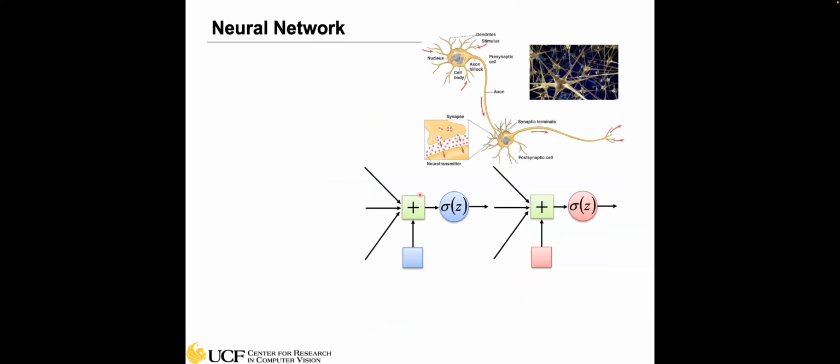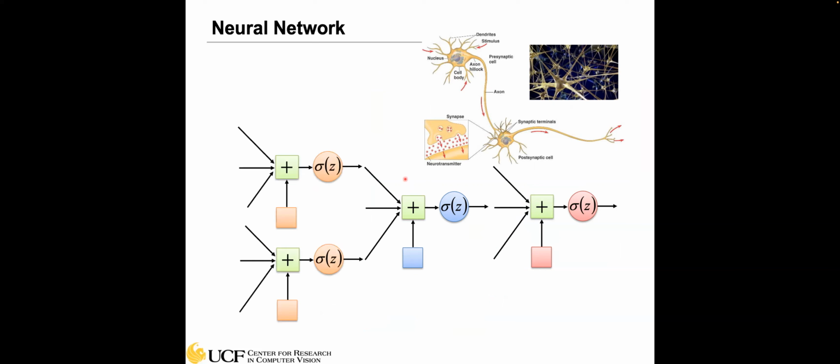For a neural network, it's not just a single neuron. We have a lot of neurons with different types of connections to each other. This mimics how the biological neural network, the human brain, works. The human brain has billions of interconnections, and as the brain learns, these connections are either formed, changed, or removed.